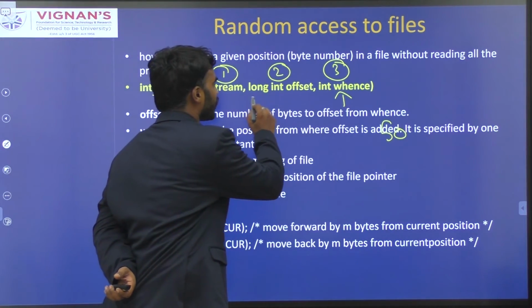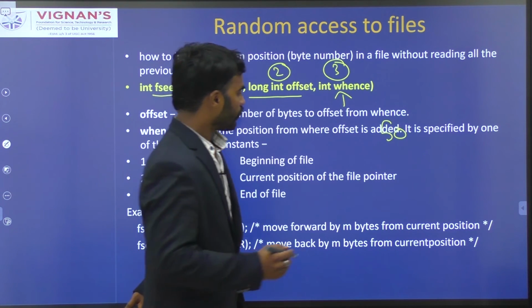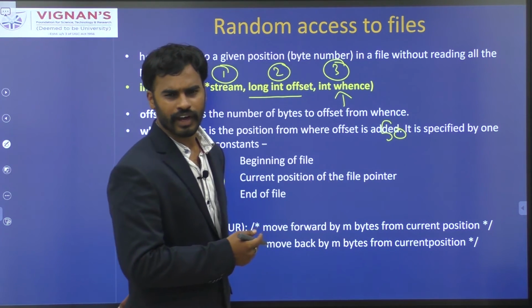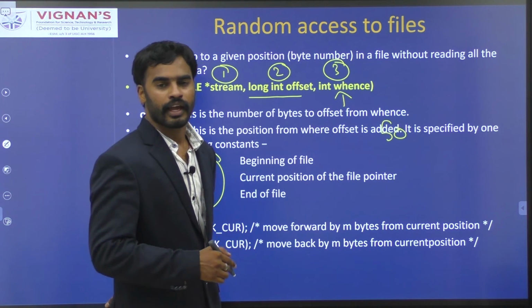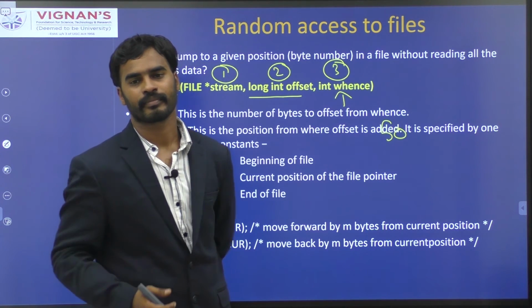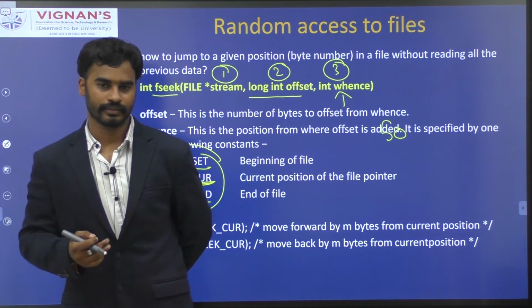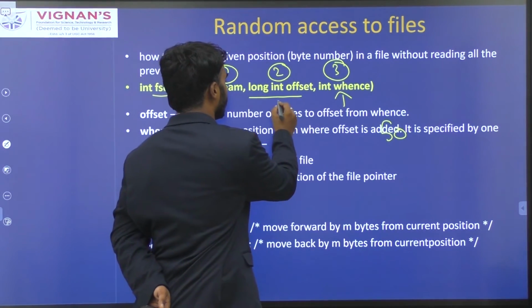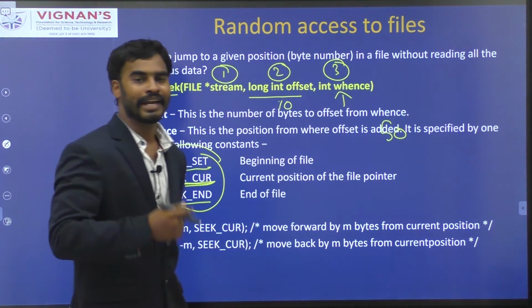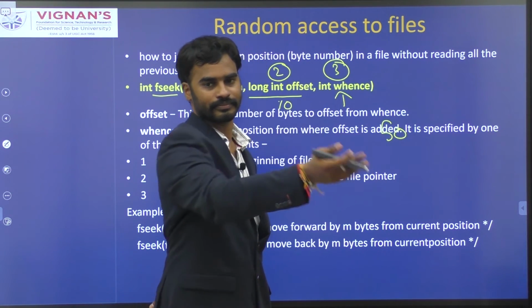The second parameter you can give as a positive value or negative value. If you give a positive value, it jumps in the forward direction. If you give a negative value, it jumps in the backward direction. For example, if you give this value as 10, it jumps 10 symbols forward.